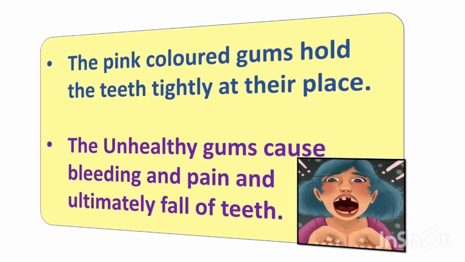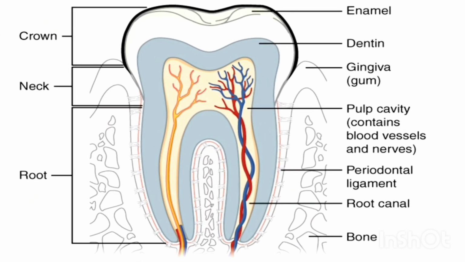We see here a diagram in which we can see our tooth is divided into three parts, that is crown, neck and root. The first part of the tooth is enamel. Next is dentine and the third one is pulp cavity in which all the blood vessels are held. And lastly, root canal. This is the structure of tooth.